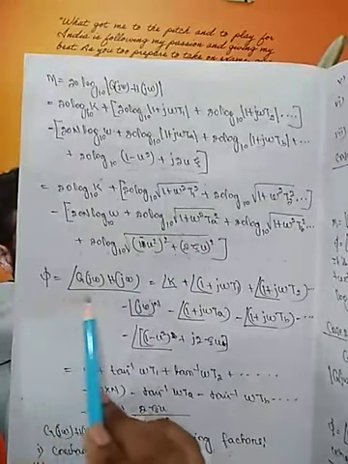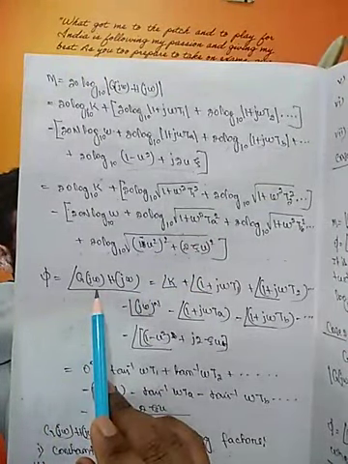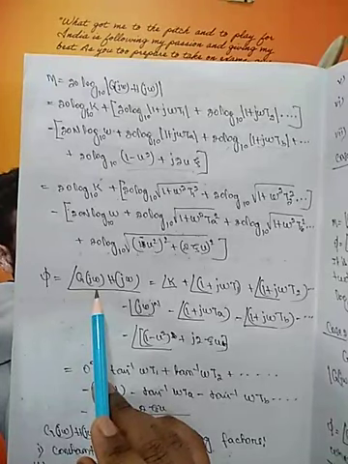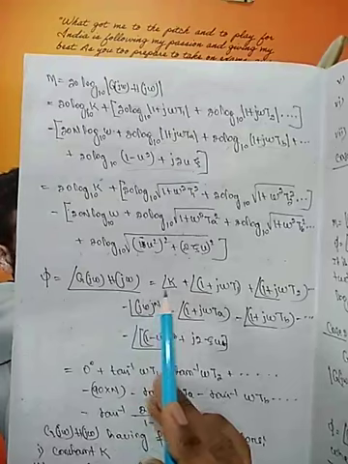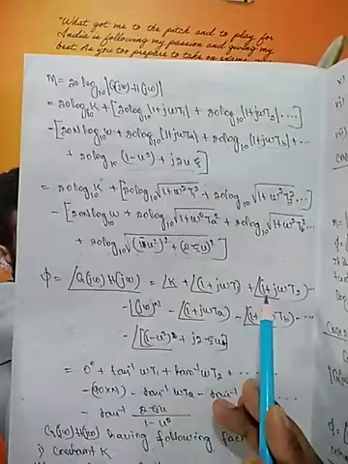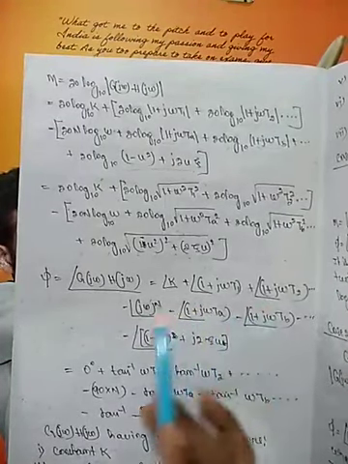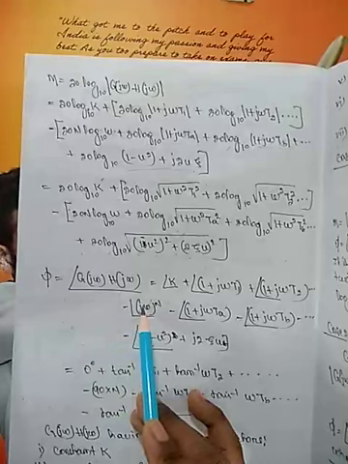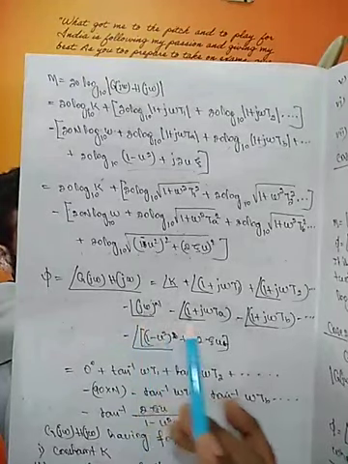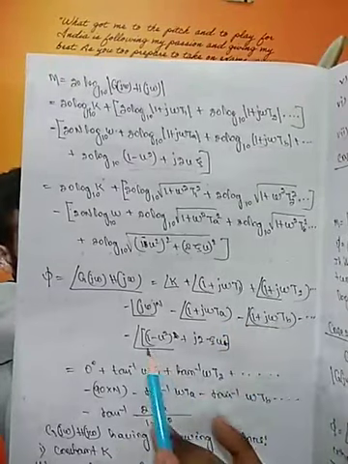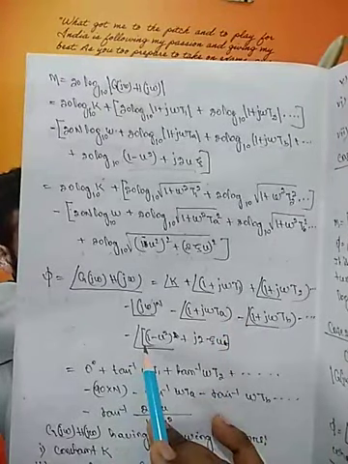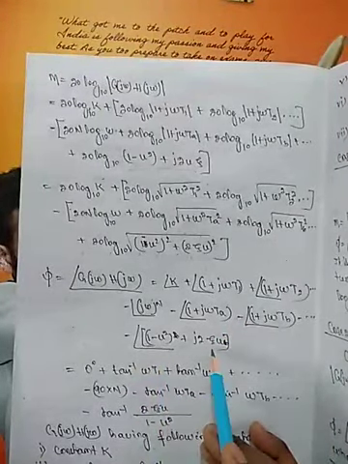Then the phase angle of the open loop transfer function. Here you find the phase angle for a constant gain, for a simple zero, for a pole at origin, for a simple pole, and for a pair of complex conjugate poles.